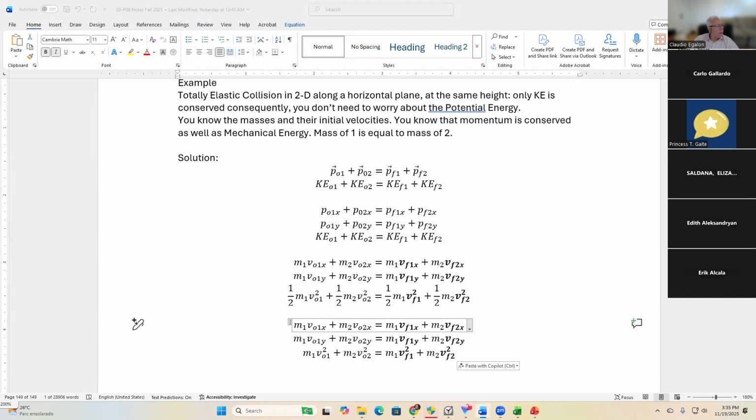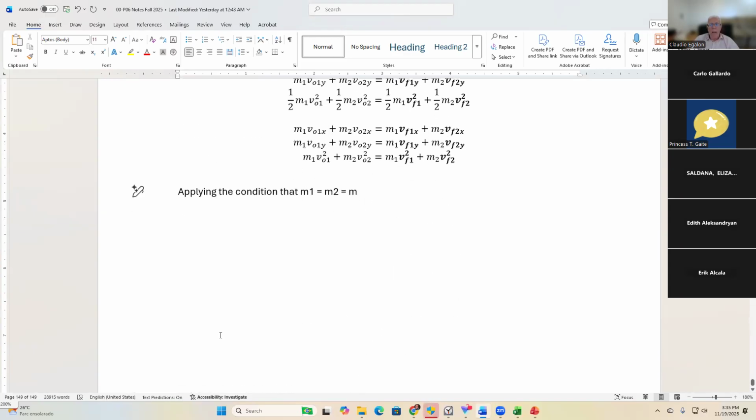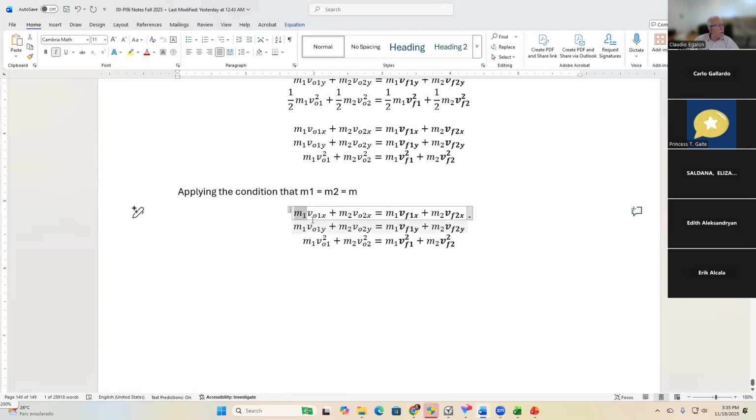Okay. Okay, applying the condition that M1 is equal to M2, which is equal to M, this set of equations becomes simpler.